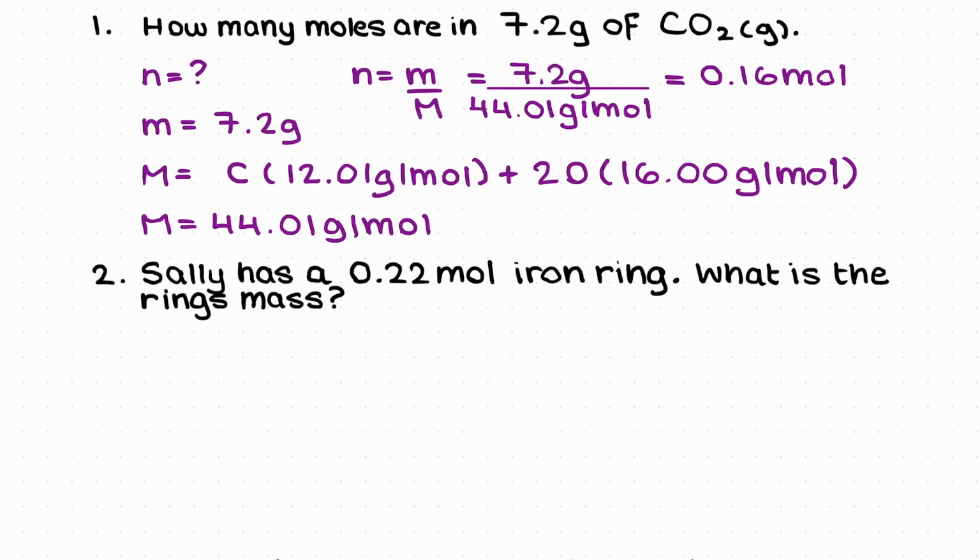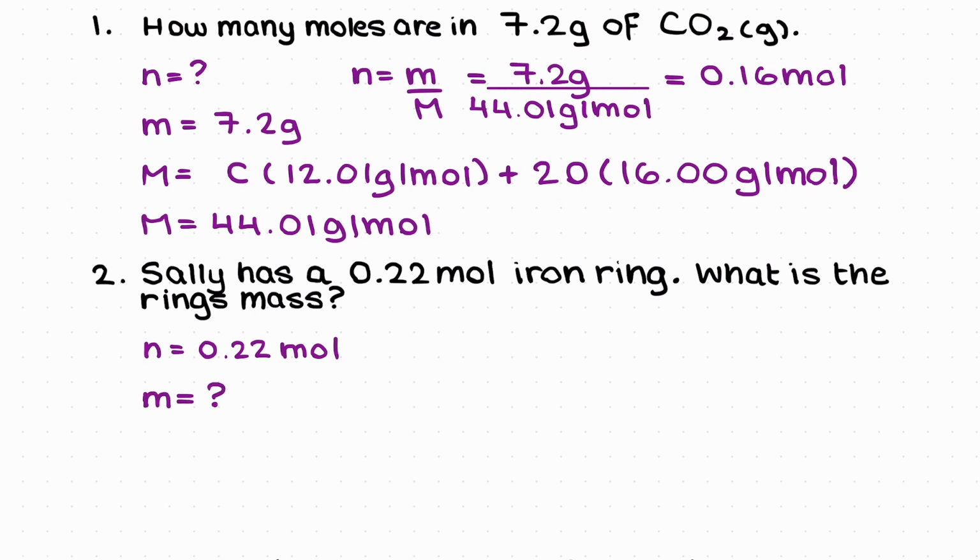Our second problem says, Sally has a 0.22 mole iron ring. What is the ring's mass? Okay, well, what information did they give us? Well, they gave us the moles. They said Sally has a 0.22 mole iron ring. They also told us that we're looking for the mass. They said, what is the mass of this ring?